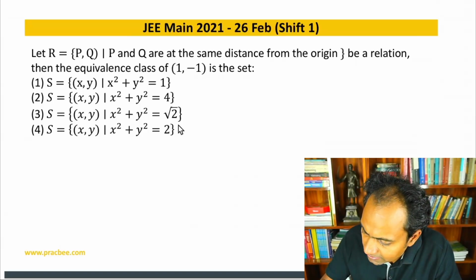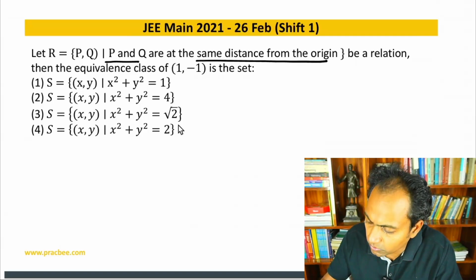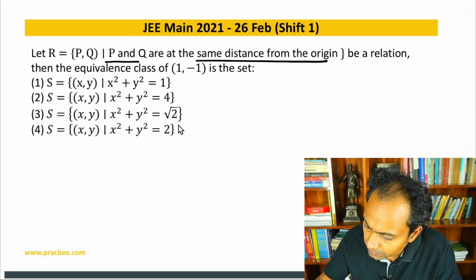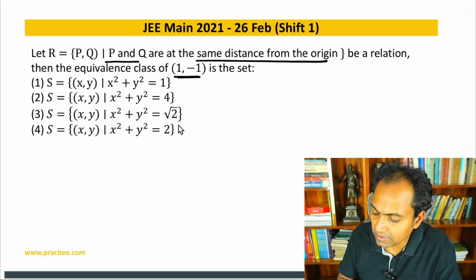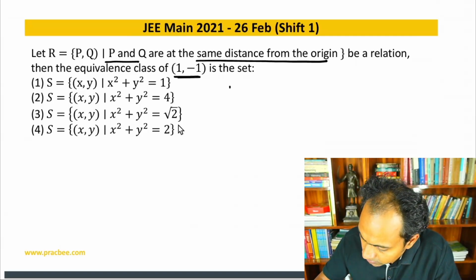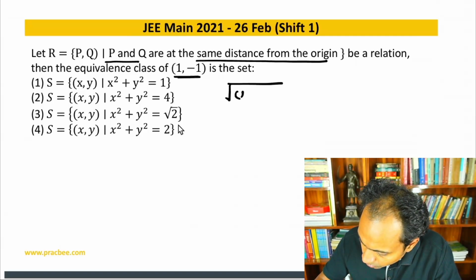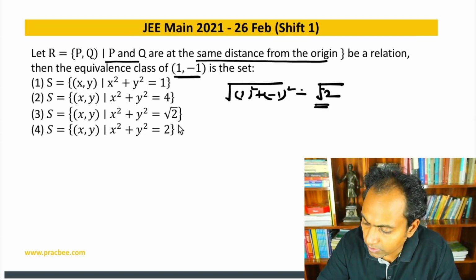The question says that P and Q are at the same distance from origin. Then the equivalence class of (1, minus 1) is the set. See, the distance of (1, minus 1) from the origin would be nothing but root of 1 square plus minus 1 square, that will become nothing but root 2. This is what we have.